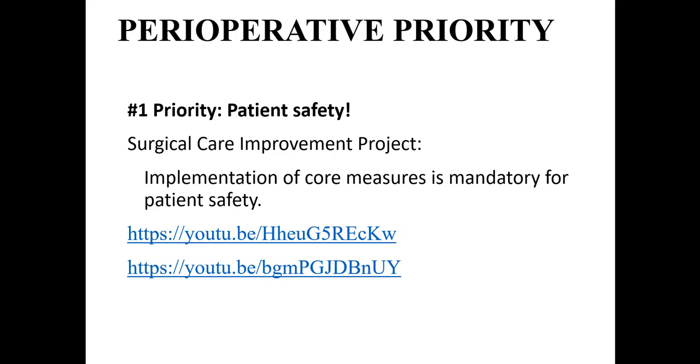But when we look at it, the perioperative phase is where the surgical experience begins, where the decision is made to actually do surgery. And then it ends when the person is transferred to the surgical suite.